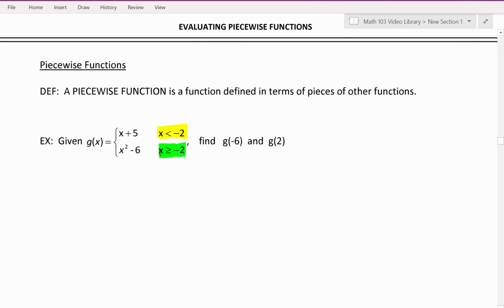It tells us when we want to use the corresponding function to the left. So when x is strictly less than -2, we want to use x plus 5. And when x is greater than or equal to -2, we're going to use the function x squared minus 6.